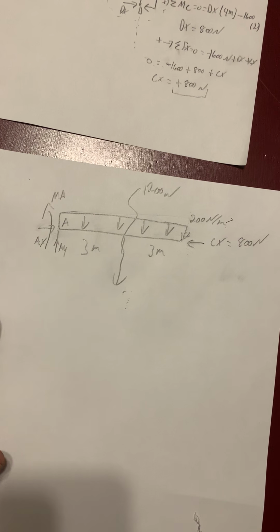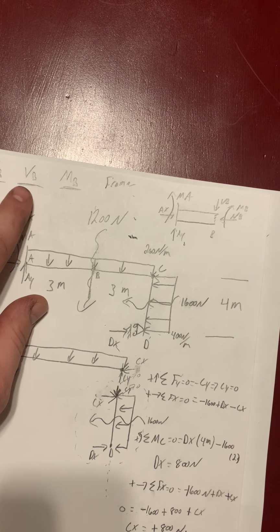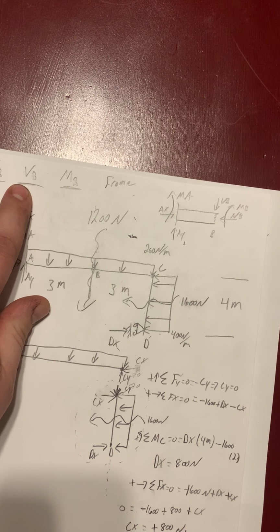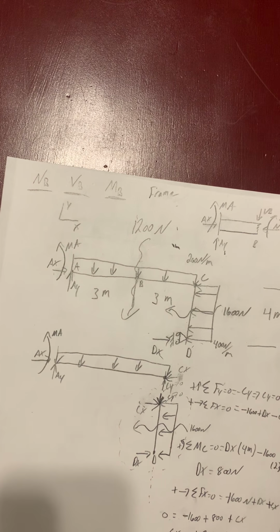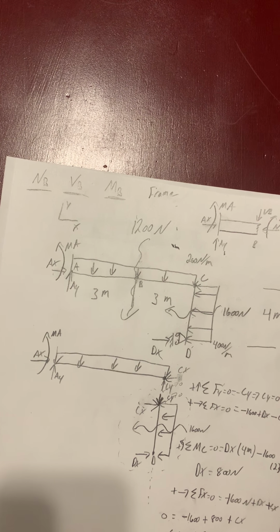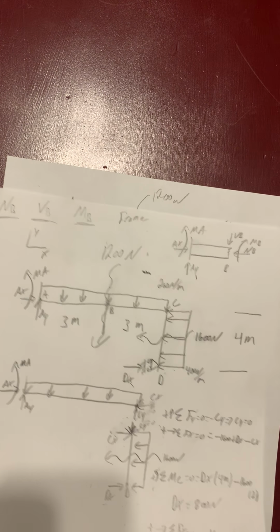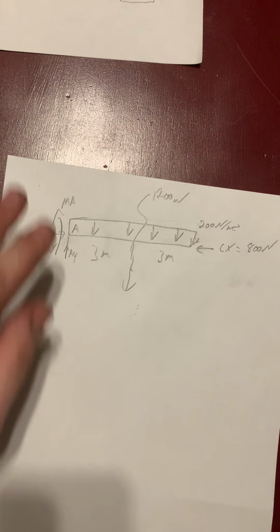Now let's go back to our problem statement of what we want to find. We want to find N at B, V at B, and we want to find M at B. So we want to find the normal force, the shear, and the moment at B.